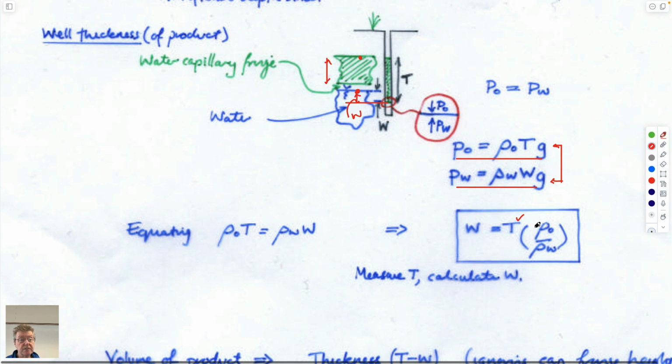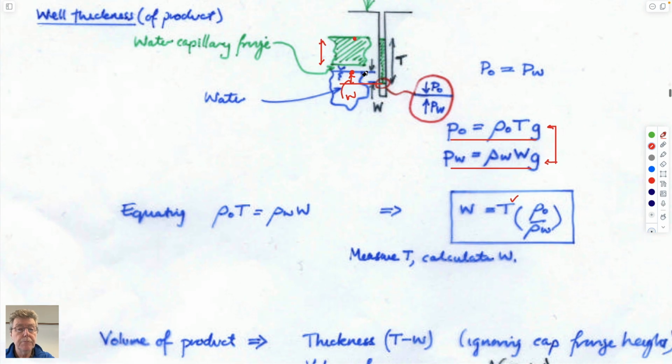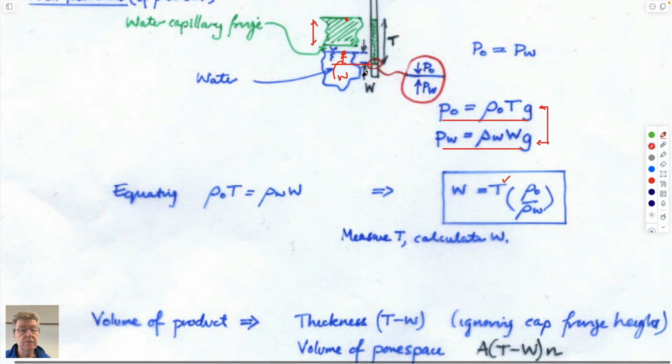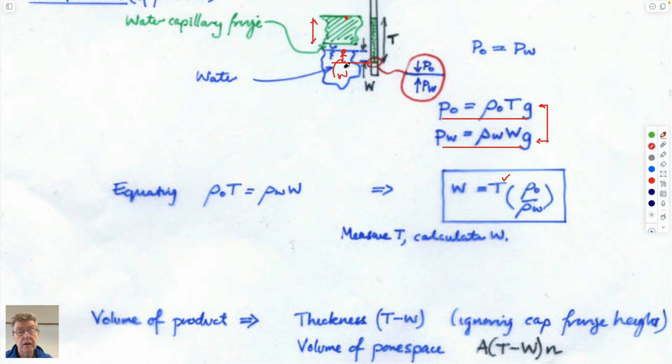So this number is always less than 1. So the height of this puddle will always be less than the measured depth. So that's it. Perhaps you wouldn't expect that. Perhaps you'd expect to be able to measure exactly the same thing, but you can't. And the reason you can't is it comes out with these two different water tables and oil tables.